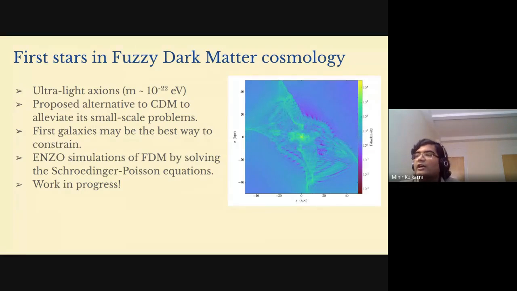But if we want to look at a more representative patch of the universe, we should simulate with a much larger box. But if we have a much larger box, we cannot go to high enough resolution that we need to study the formation of first stars accurately.